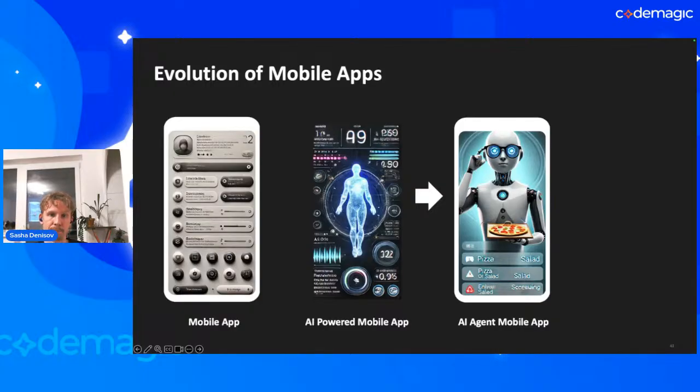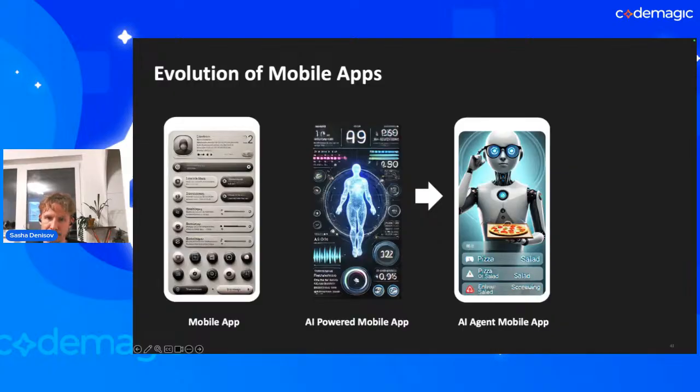But with the rise of AI, we have a new category of applications, AI-powered mobile applications, where part of the functionality is delegated to AI, like generating a recipe for dishes, or generating your gym training, like a personal workout. But it's just the beginning of the evolution.